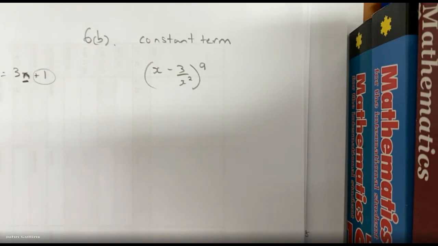And how am I going to find this? I think we did an example like this on Friday without actually stating that it was a constant term. Oh no, we hadn't.